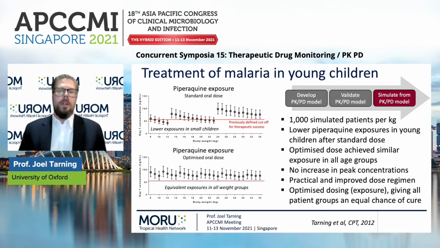We then used the developed pharmacokinetic model to optimize the dosing so that all patients get an equivalent exposure to piperaquine. And hopefully this will lead to a practical and improved dose regimen, giving all patient groups an equal chance of being cured.